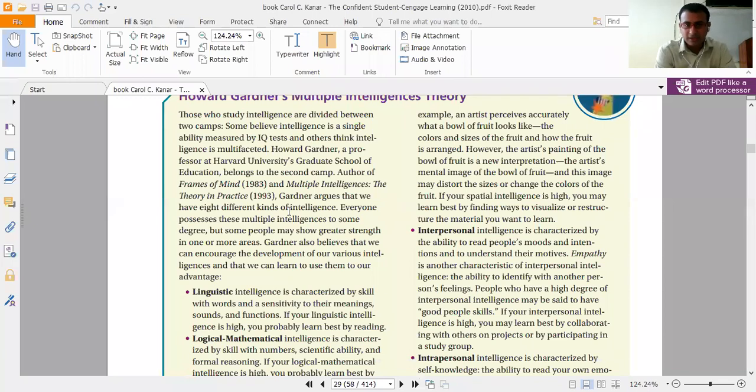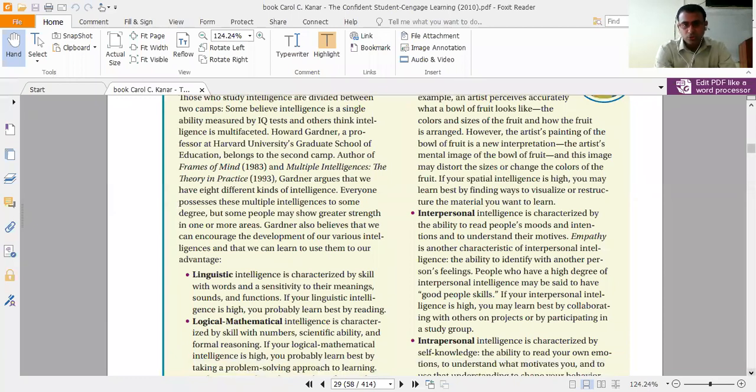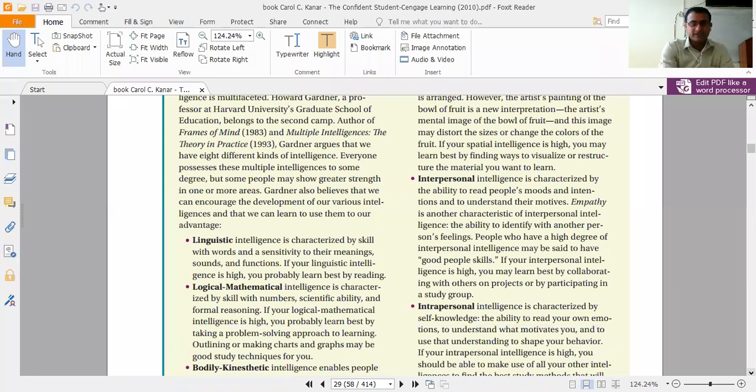Gardner argues that we have 8 different kinds of intelligence. Everyone possesses these multiple intelligences to some degree, but some people may show greater strength in one or more areas. Gardner also believes that we can encourage the development of our various intelligences and that we can learn to use them to our advantage.